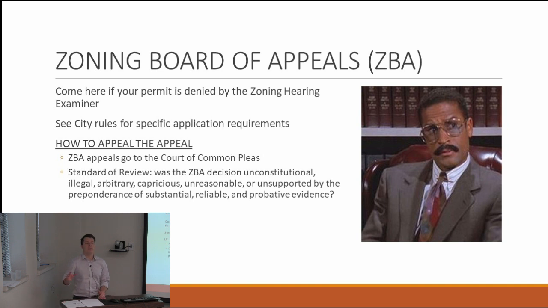They're going to be looking not at the proposal itself. It's not a second shot at getting your proposal approved, but it's going to be a review of the zoning hearing examiner's decision. So they're going to look at whether or not the zoning hearing examiner's decision was unconstitutional, illegal, arbitrary, capricious, unreasonable, or unsupported by the preponderance of substantial, reliable, and probative evidence.